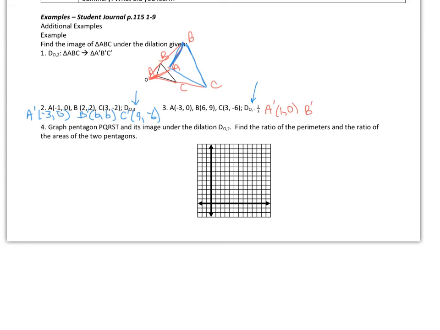B prime, that's going to be 6 times -1/3, which would be -2, comma, 9 times -1/3, which would be -3, and C prime, that would be 3 times -1/3, -1, and then -6 times -1/3, which would be 2. And there's your A prime, B prime, C prime.